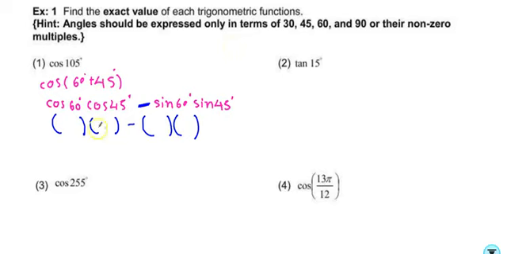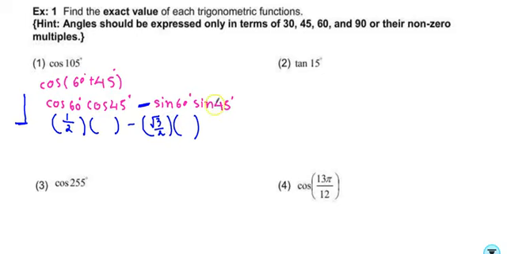Cosine of 60 is 1/2, first quadrant. If cosine 60 is 1/2, sine 60 cannot be 1/2. They are not the same. In a 60 degree triangle the two legs are never the same. So cosine 60 is the adjacent, 1/2, so that means the opposite is √3/2.